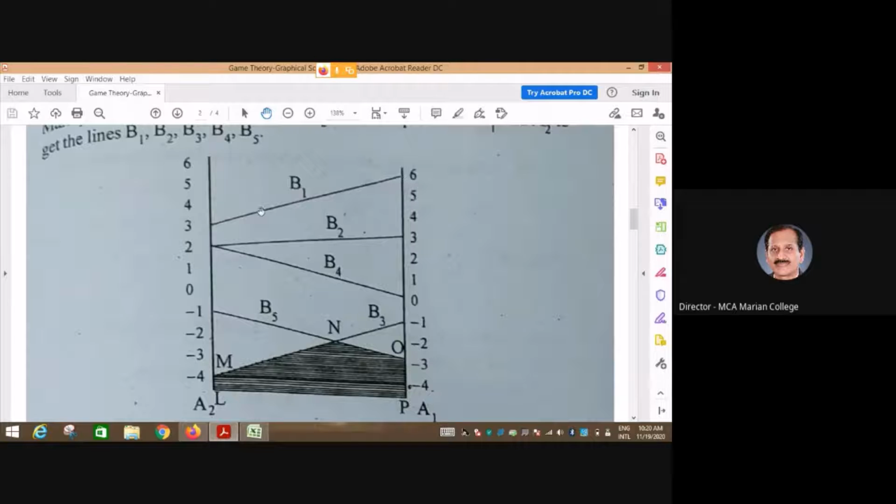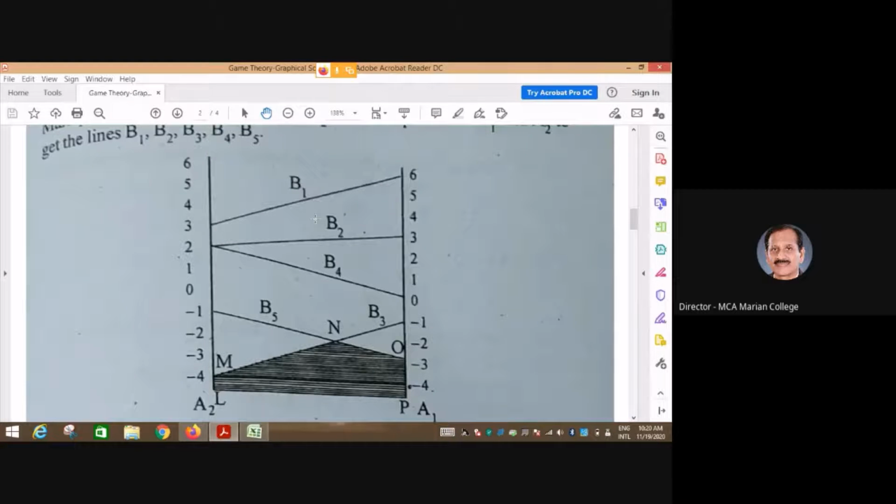So mark these points 6 and 3 and draw this line which corresponds to strategy B1. That is the first strategy of B. Then consider B2. The values are 3 and 2. 3 on A1 and 2 on A2. Then join these 2 points. We will get the line corresponding to B2. This is a straight line corresponding to the strategy B2.